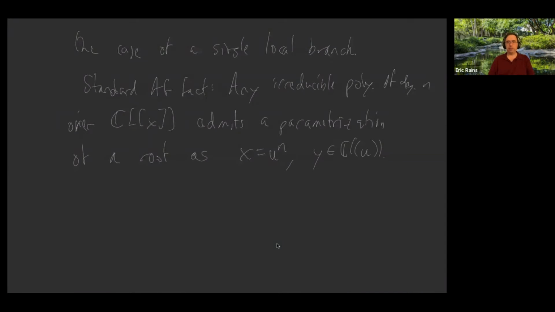Okay. And so in particular, what this is telling us is that any irreducible curve in P1 over the power series ring is rational. In particular, it has a rational parameter.